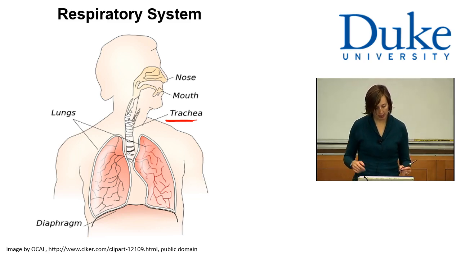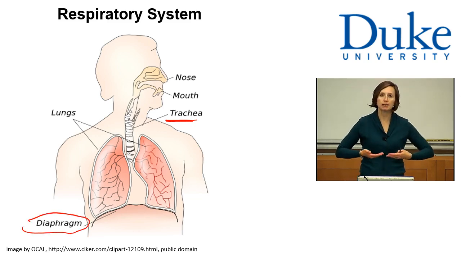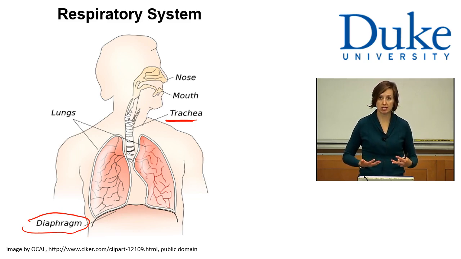And then keep in mind also, we're going to be talking about the diaphragm, which is going to be sitting underneath the lungs, and which is going to be skeletal muscle.